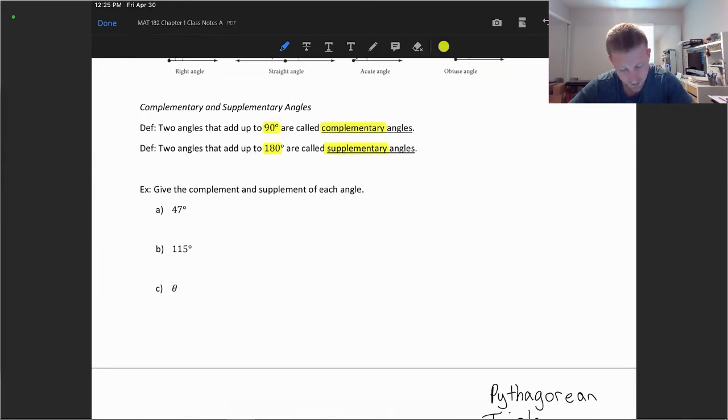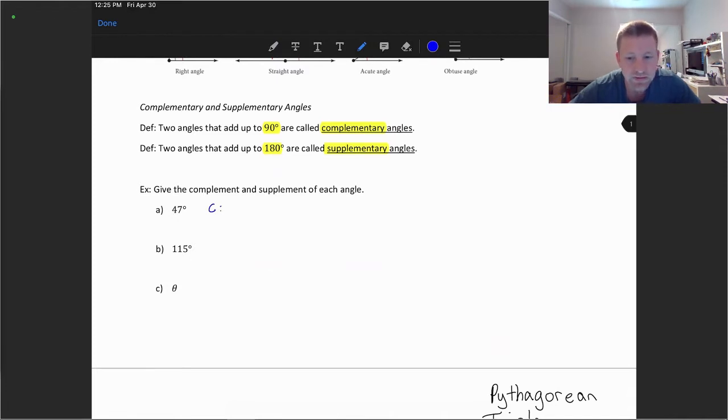So if we start with a 47-degree angle and want to find its complement and supplement, let's start with the complement. We'll just say that's C. The complement of a 47-degree angle, we would say would be 90 degrees minus 47 degrees. And that would end up being a 43-degree angle.